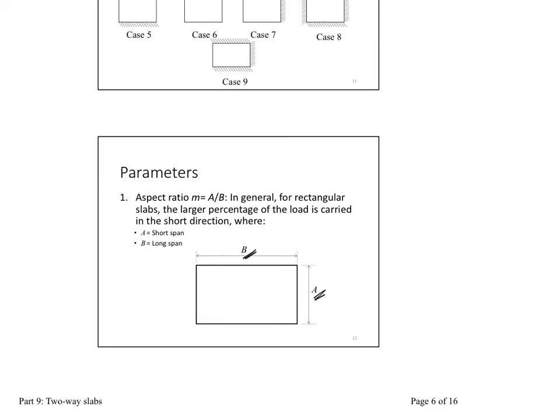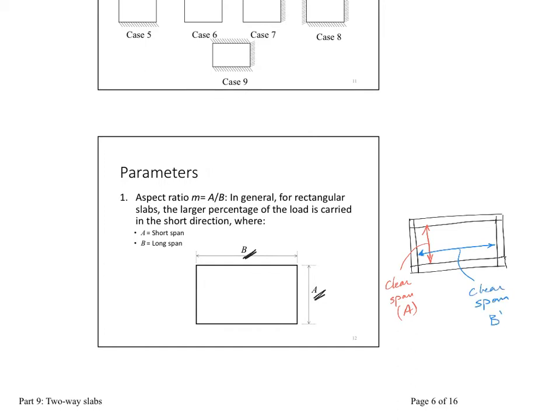And remember that A and B are the clear spans, which means if I have a slab that looks like this, bound by 4 beams, then my A becomes that distance, which is the clear span in the short direction. A is divided by the clear span in the long direction, and that is B. So M becomes A over B, and definitely M is always less than 1, because if it's 1, that means it is a square slab, and A equals B.